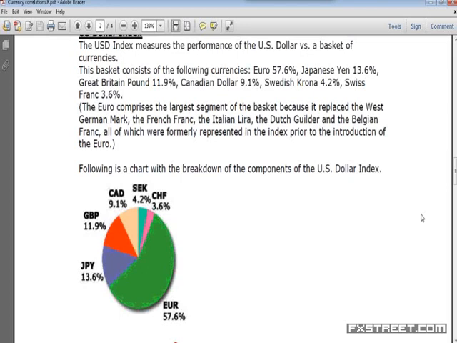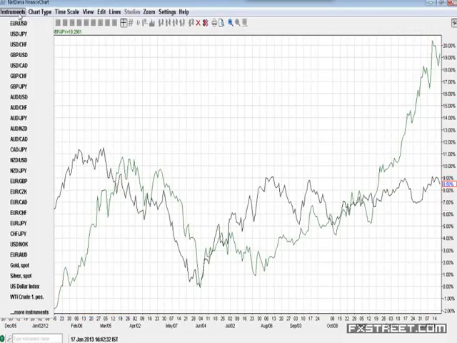And it's not only the euro, it's a basket of currencies. Now, unfortunately, the USD index chart as a financial instrument is not available on most charting software. Fortunately, NetDania has it. So let's go ahead with the USD index.